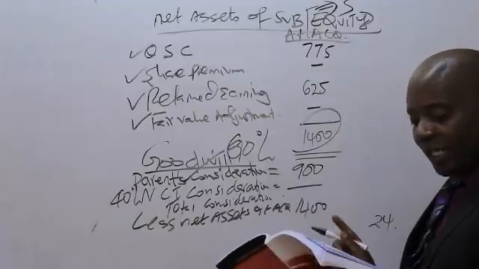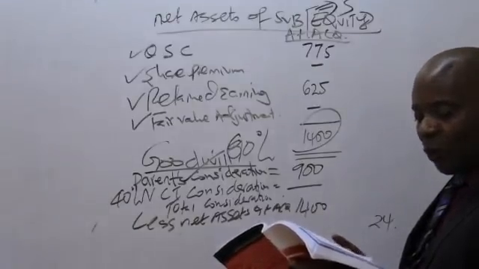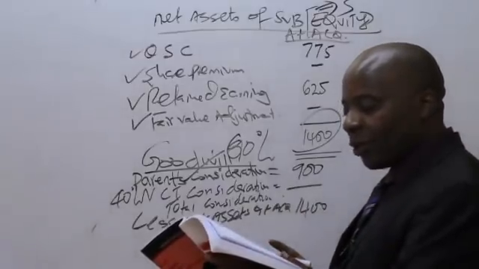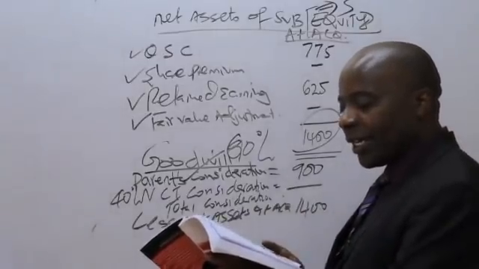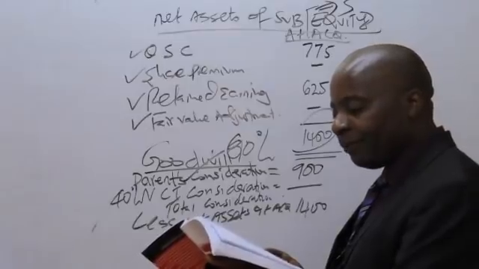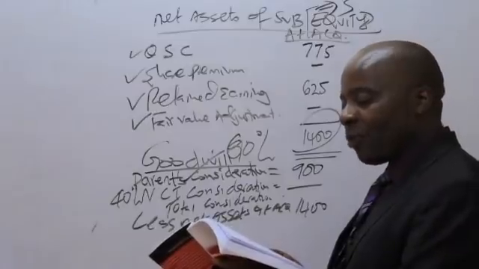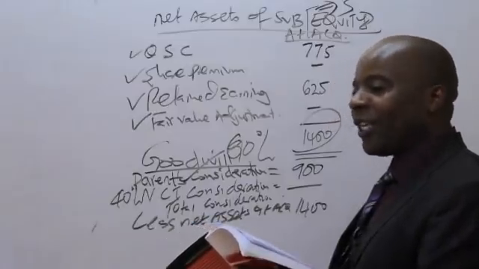So ladies and gentlemen, please look at this particular note, which is talking about the proportionate method. There is a place they have told us about the proportionate method for NCI. Still in note number 1, it was decided to apply the proportion of net assets method to calculate goodwill.